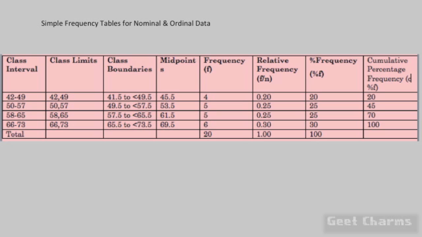Therefore, our class boundaries are 41.5 to less than 49.5, 49.5 to less than 57.5, 57.5 to less than 65.5, and 65.5 to less than 73.5. Thus, the value 49.5 would go in the second class interval, which has the boundaries of 49.5 to less than 57.5.